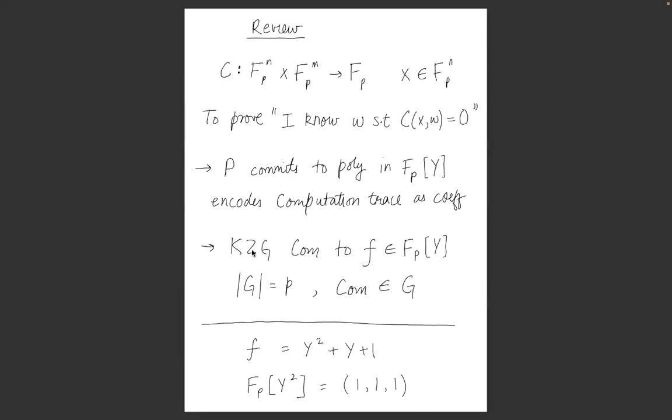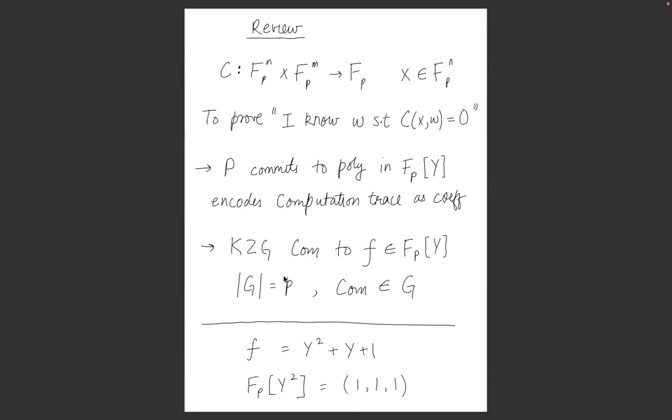Usually for this commitment we can use a KZG commitment, or I think an IPA commitment also. So in this commitment we commit to some polynomial which is an element of this field of order p. So p represents the number of elements in this field, and the field is defined over some group.